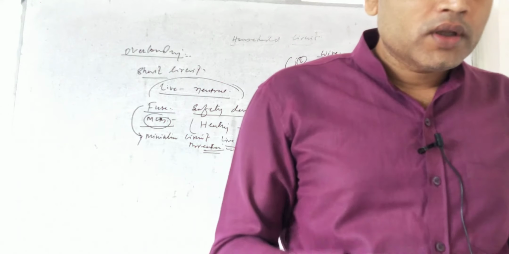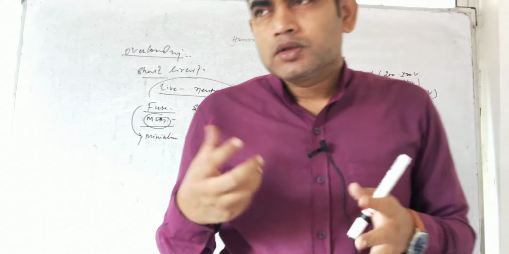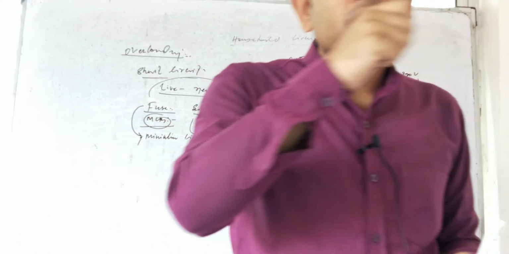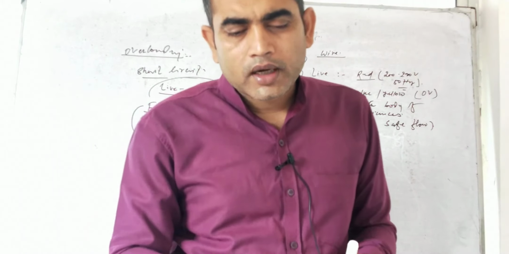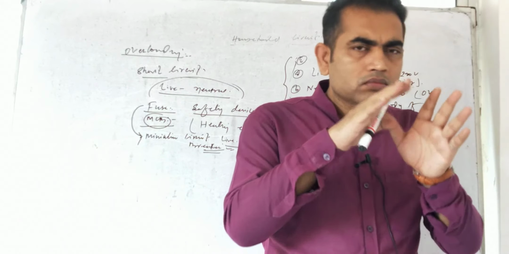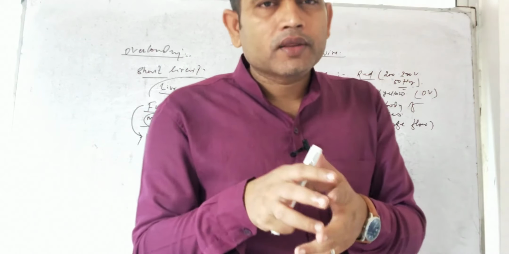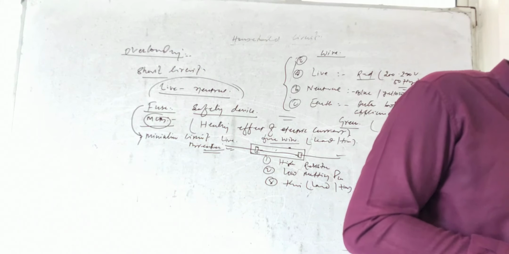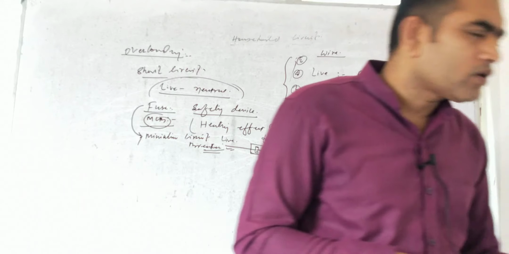Earth is dug out, a copper plate, charcoal, salt, etc. are placed, and the other end of the copper wire is connected to that plate, and it is earthed. This whole thing is called earthing, and it is only for safety against the effects of electric current.